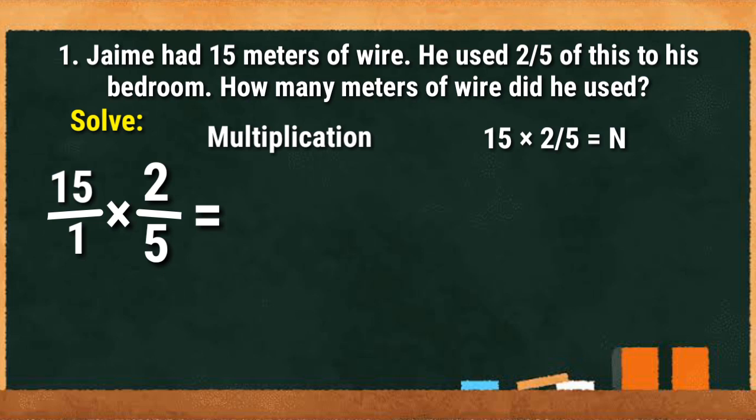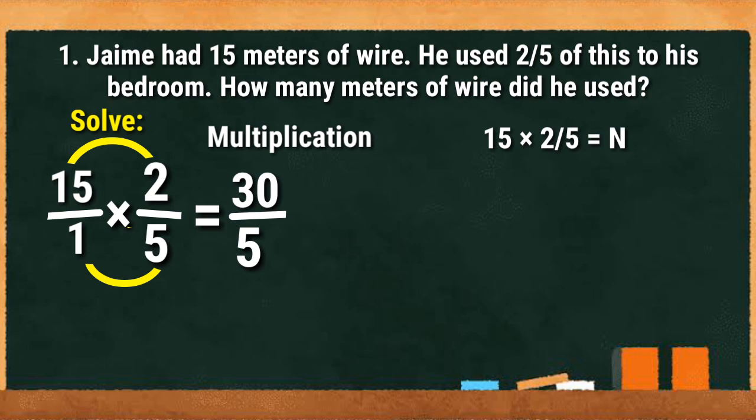So we will multiply a fraction and a whole number, which is 15 over 1. 2/5 times 15 over 1 equals, let's multiply the numerators. 2 times 15 is 30. And the second one, multiply the denominators. We have 5 times 1 equals 5. So the answer is 30 over 5.